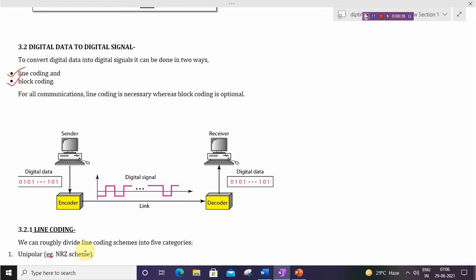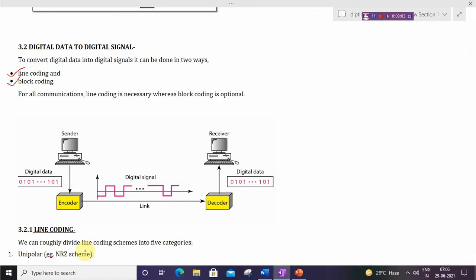Okay. So we know that there are four encoding methods. In this class I have discussed the four encoding methods, that is digital data to digital signal, digital data to analog signal, analog data to digital signal, and analog data to analog signals.